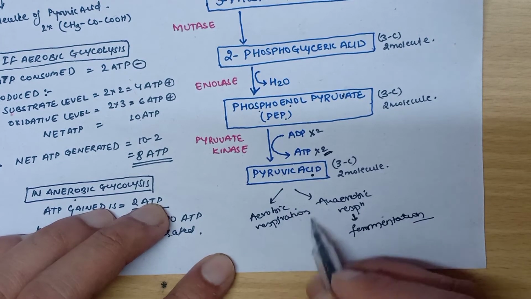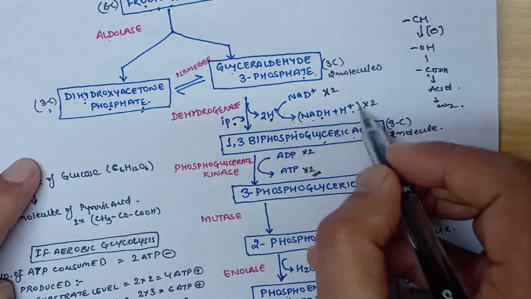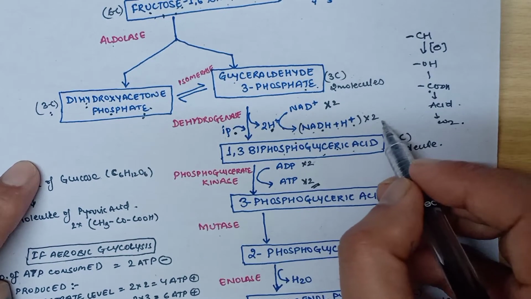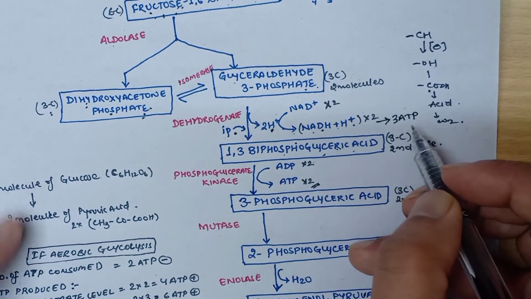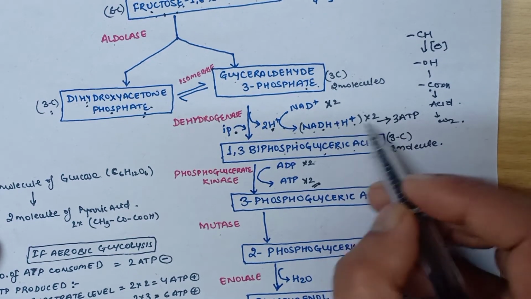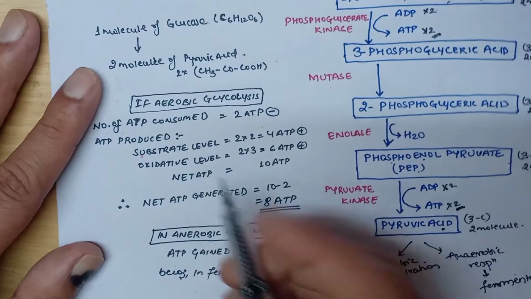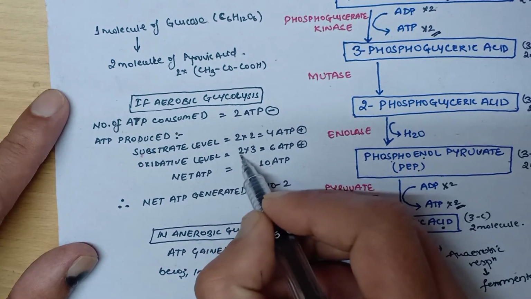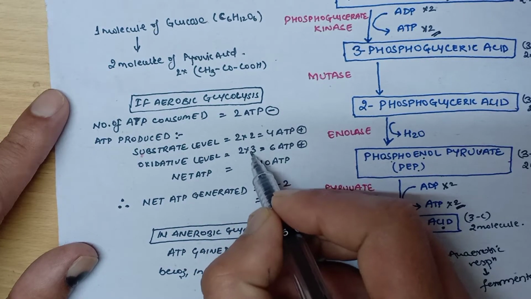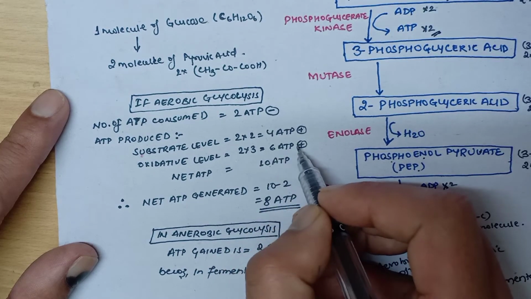So in aerobic respiration, this NADH plus H plus will form 3 ATPs. Since there are 2 molecules, we will get 6 ATP. So at the oxidative level, 2 molecules of NADH will give 3 ATP each, resulting in a total of 6 ATPs.